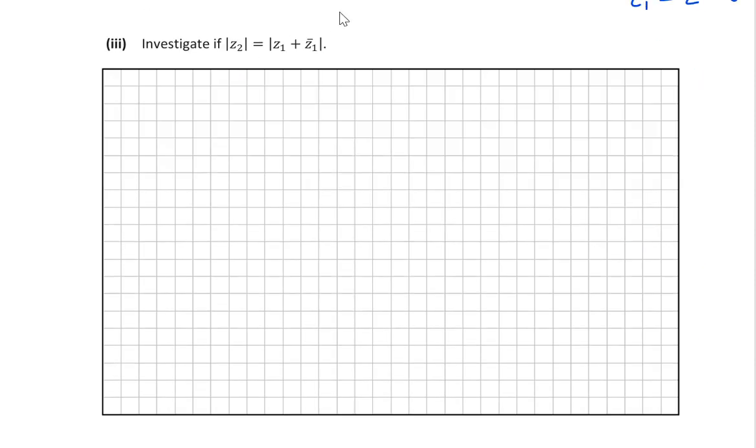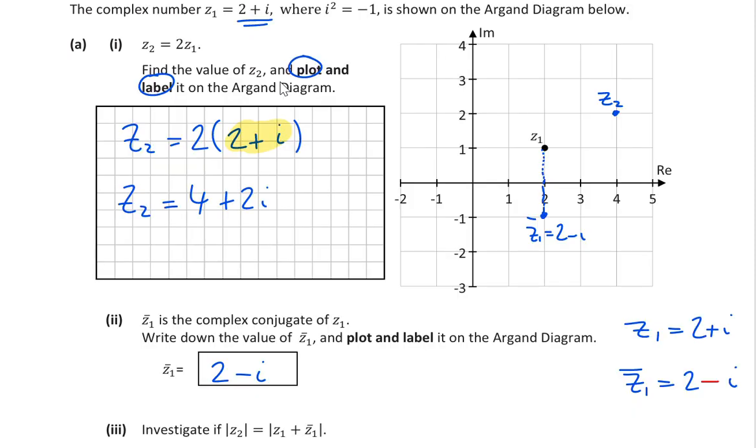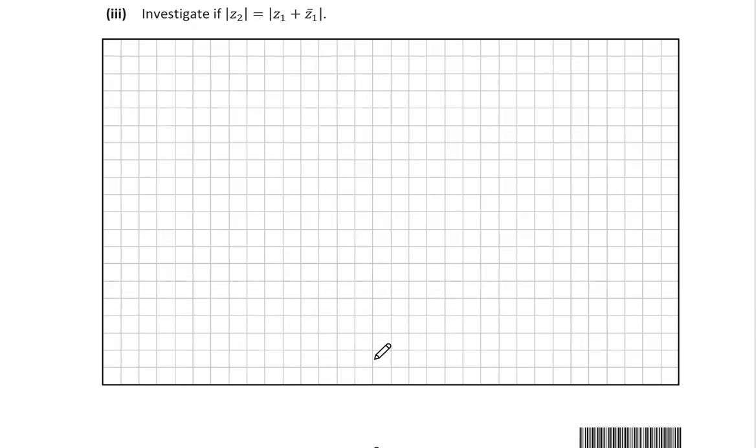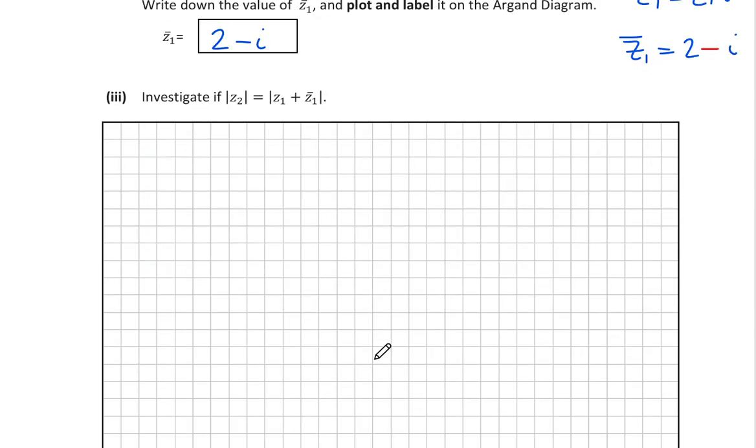Now, investigate if the modulus of Z2 is equal to, actually, first of all, I should really work out what is in the brackets. So you've got to work out, first of all here, Z1 plus the complex conjugate of Z1.